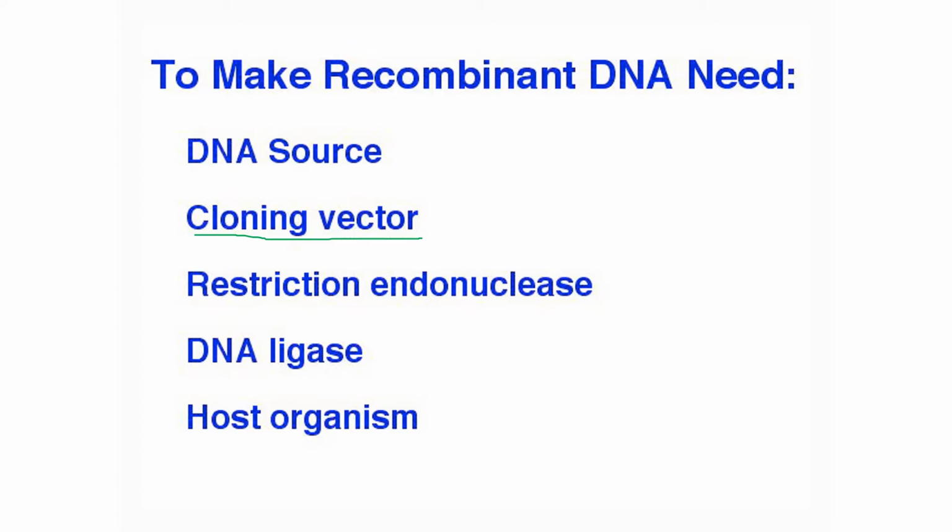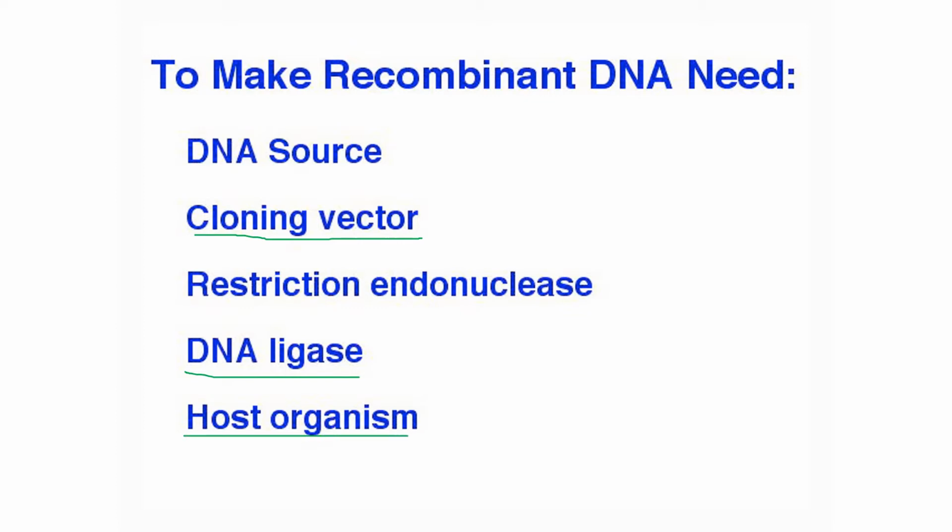We need restriction endonucleases. So these are enzymes that will make specific cuts in the DNA. We also need a DNA ligase, and that does exactly what it says it does. We've seen ligases before. And that will covalently ligate the DNA segment into that cloning vector. And then we need a host organism.